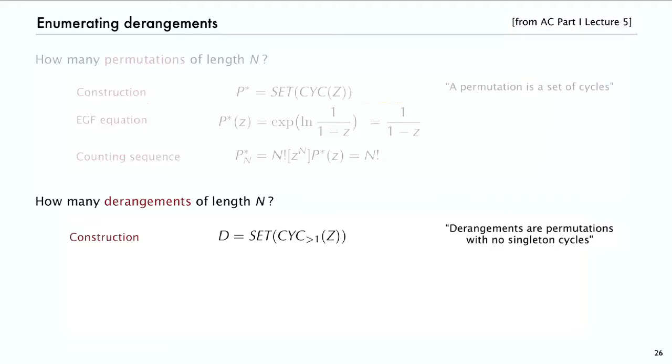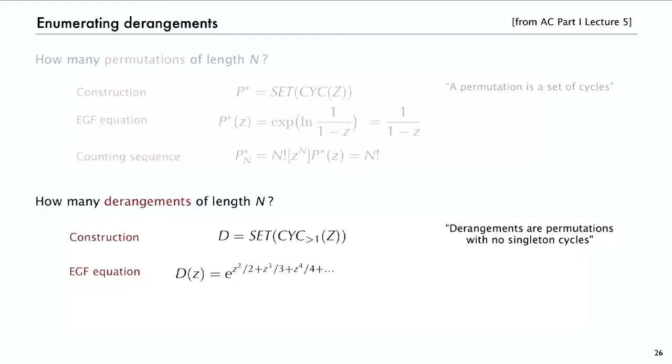How many permutations have no singleton cycles? Well, we construct them by taking a set of cycles that are bigger than size 1. Derangements are permutations with no singleton cycles, and that is immediately reflected in that construction: cycles of size bigger than 1. The generating function for that is z squared over 2 plus z cubed over 3 plus z fourth over 4 plus so forth.